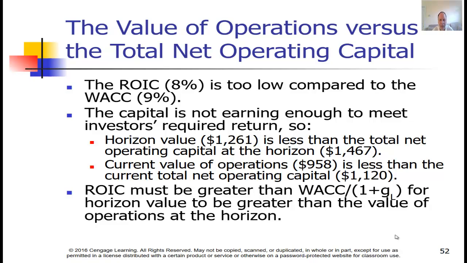The current value of operations is less than the current total net operating capital, meaning the company is losing money over the next few years. So ROIC must be greater than WACC over 1 plus the growth rate for the horizon value to be greater than the value of operations at the horizon.